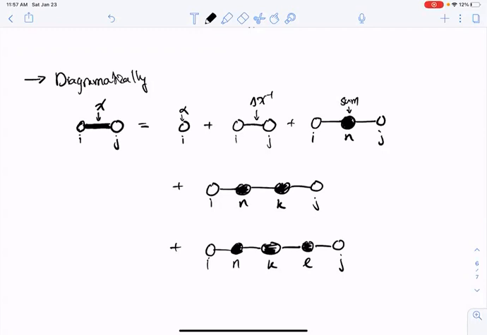We have this first order term, and then we just have a set of links that keep percolating out.